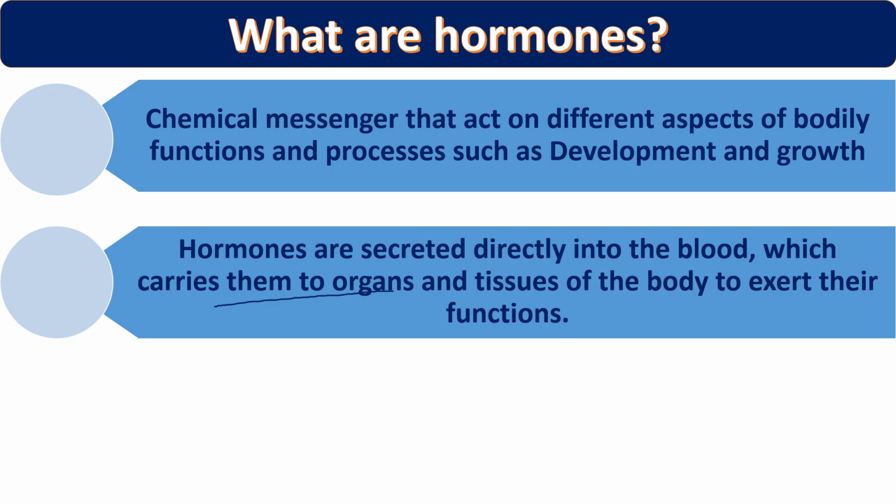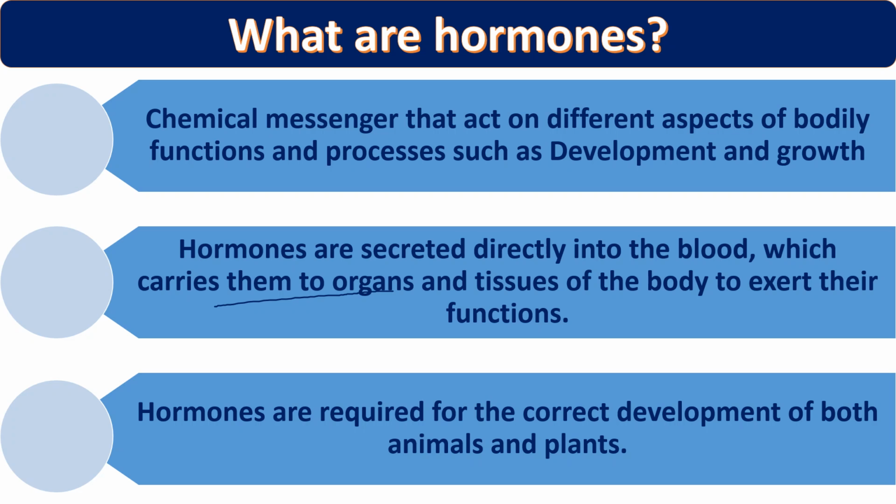Blood circulation is the main transportation system of our body. Anything that has to be transported from one place to another in our body travels through blood, and in the same fashion hormones are transported from one location to another with the help of blood.